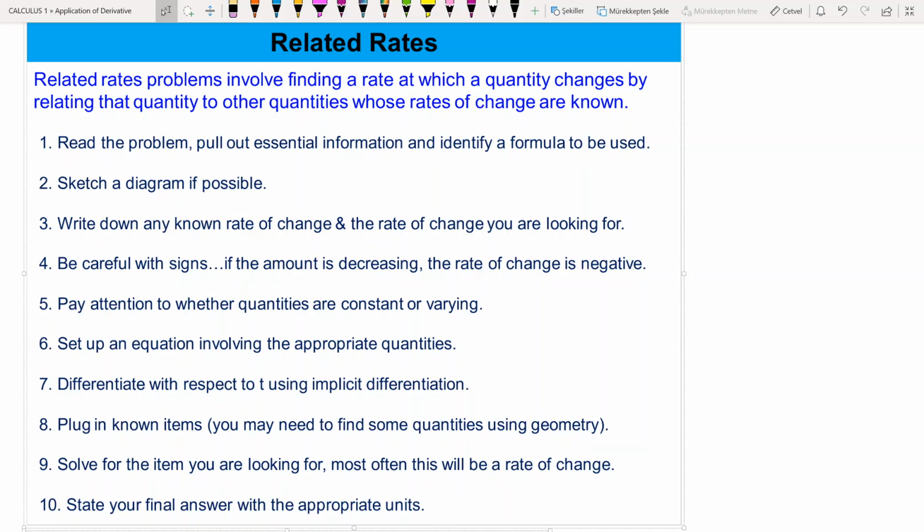Later, find an equation connecting the variables in the previous step. And finally, implicitly differentiate the equation. So, the most important step is to write down an equation for the given problem.